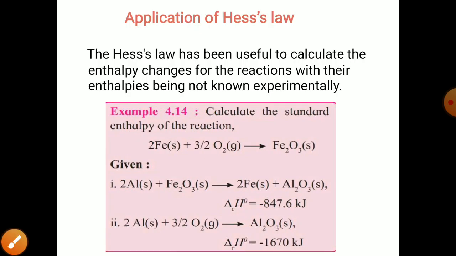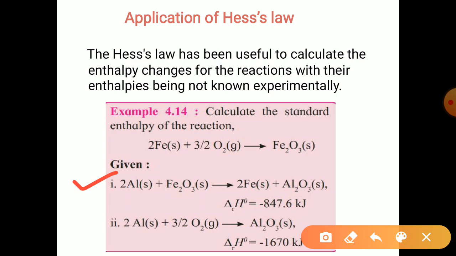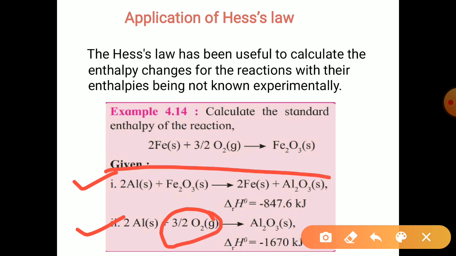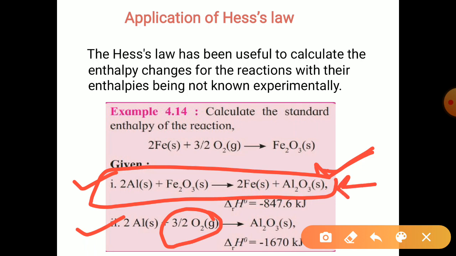From the second reaction we get 3 by 2 O2, and from the first reaction we get Fe. But in this reaction Fe is on the right hand side. Now we need to reverse this reaction so that we can get Fe on the left hand side. So we are going to reverse this.